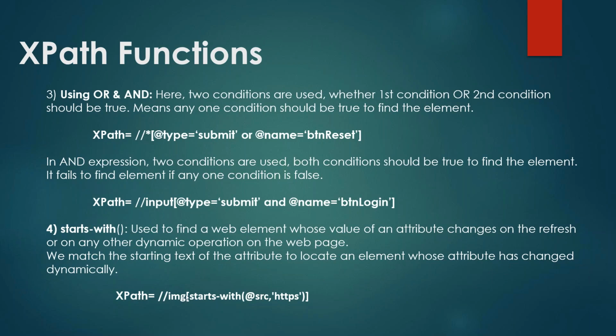In the code, I will write the core syntax and the specific HTTPS. So whatever line has HTTPS will be shown as the output, and only links have the word HTTPS at the start. So obviously I will get all the links as the output. Am I clear now?